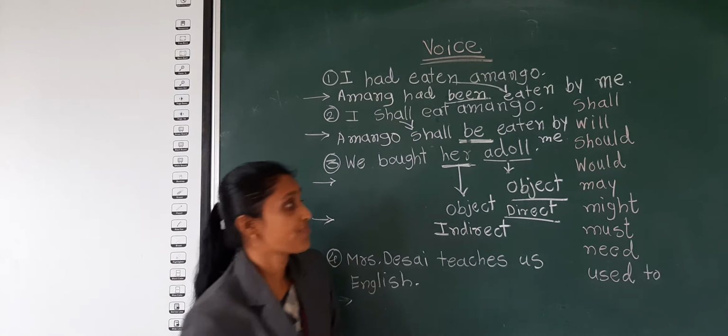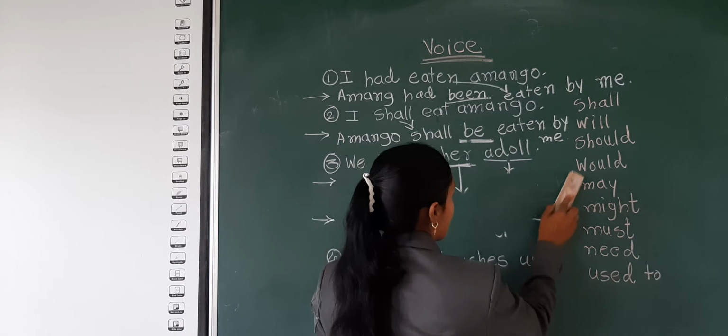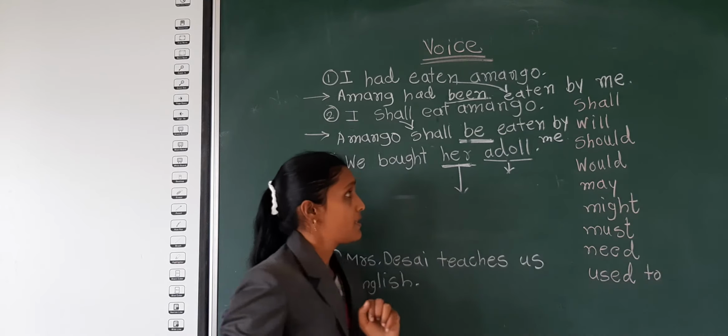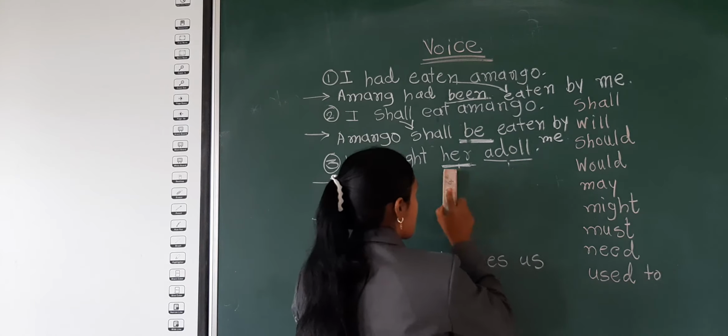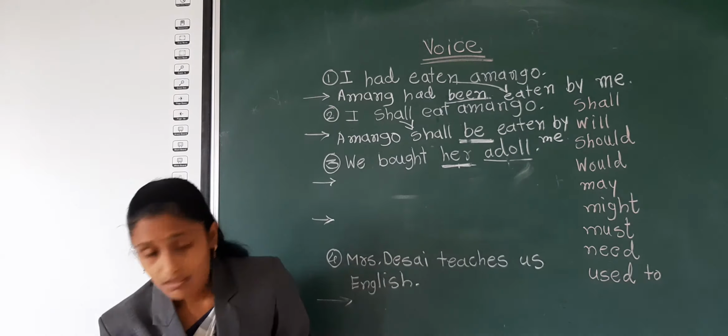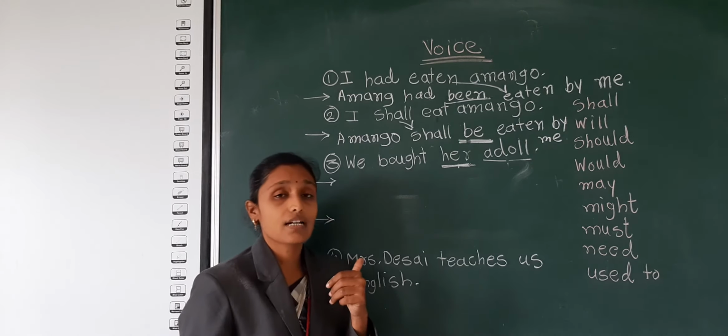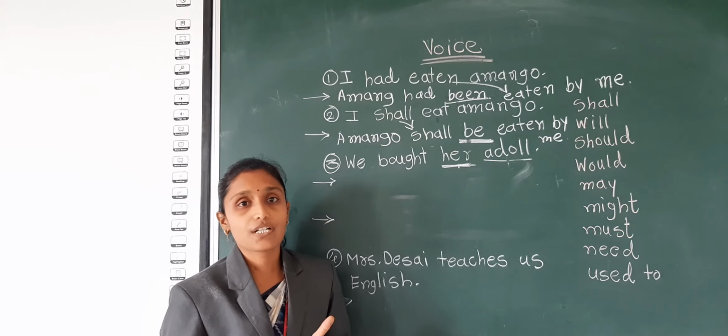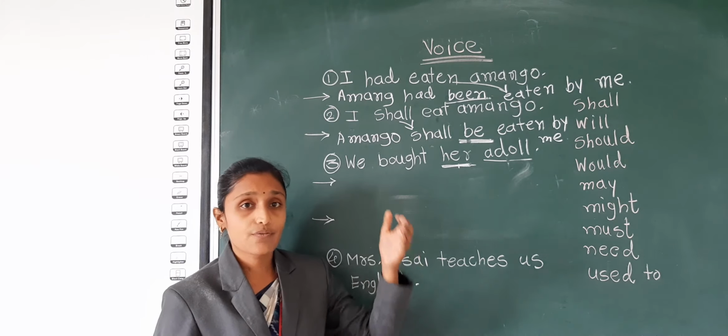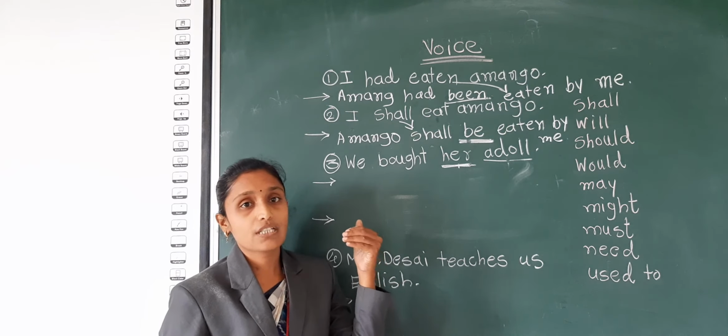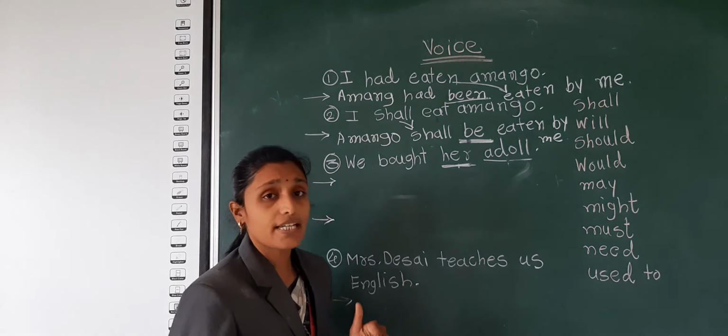Now next. Then how do we convert it into passive voice? That is also one question, students. See, it is very easy. Either you can begin with the direct object, otherwise the indirect object. First we will see beginning with the direct object. Which is the direct object?